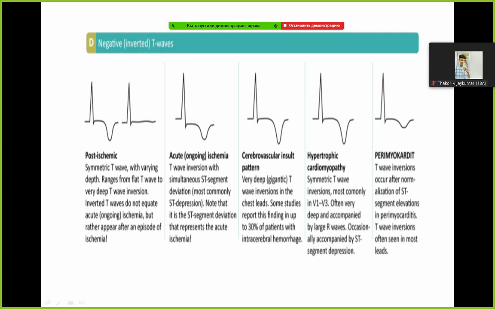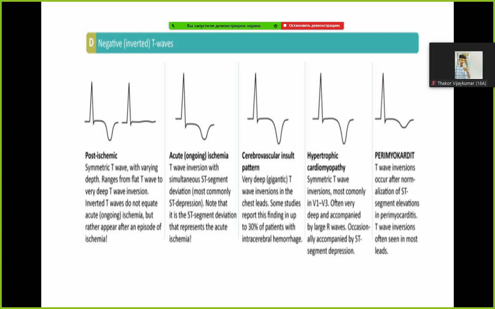It is a general misunderstanding that T wave inversions without simultaneous ST segment deviation indicate acute or ongoing myocardial ischemia. T wave inversions without simultaneous ST segment deviation are not ischemic.